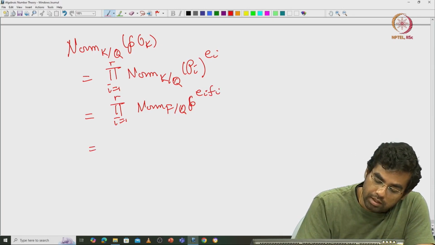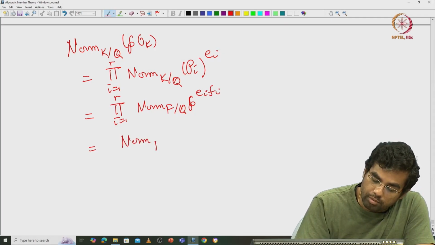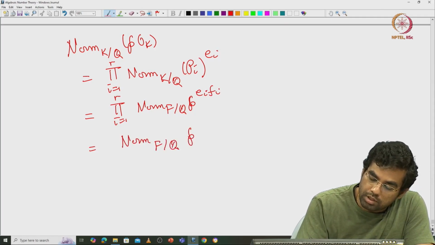And so, I can rewrite this as the norm from F to Q of p to the summation e_i f_i, i going from 1 to r.